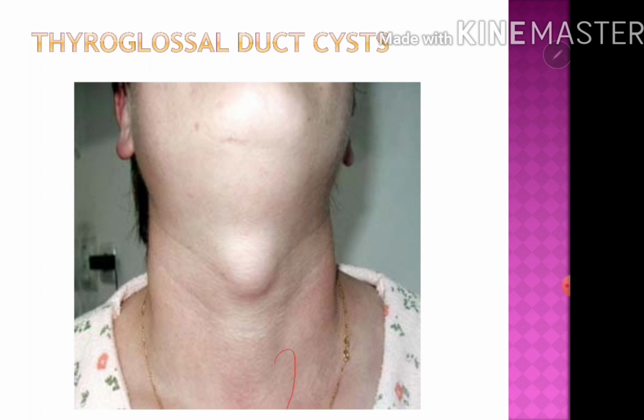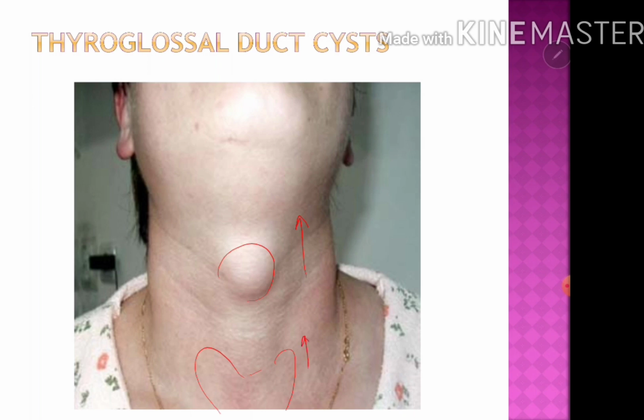As you see here, this is the site of the thyroid tissue, and this is the site of the thyroglossal duct cyst. By examination, we ask the patient to protrude the tongue. If the nodule is elevated upward, this goes with thyroglossal cyst, while if it is not elevated upward, it is mostly thyroid tissue.